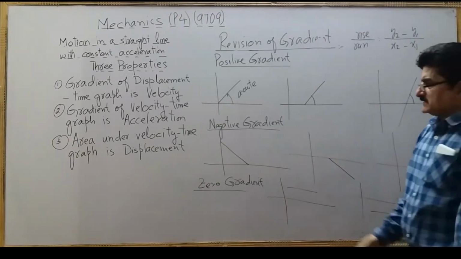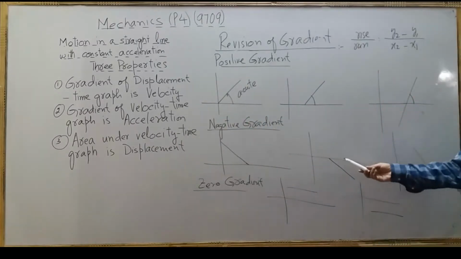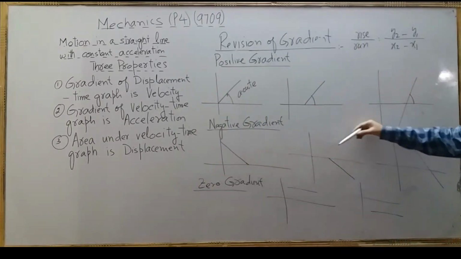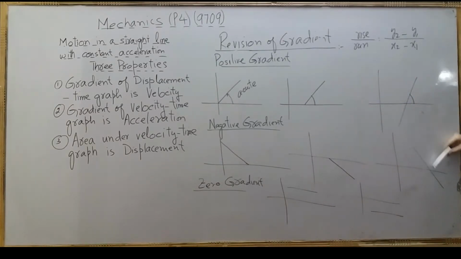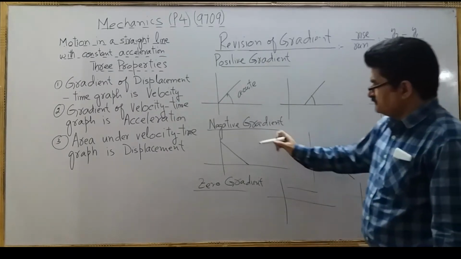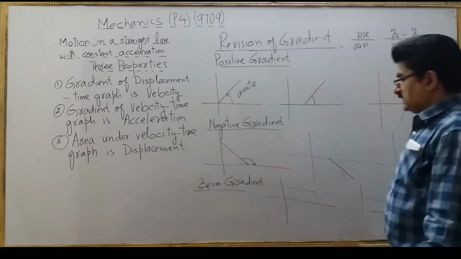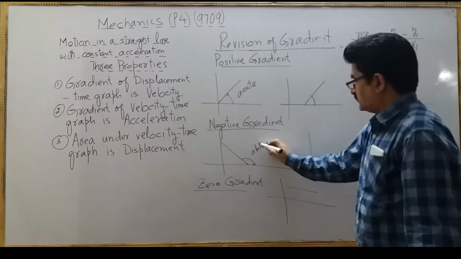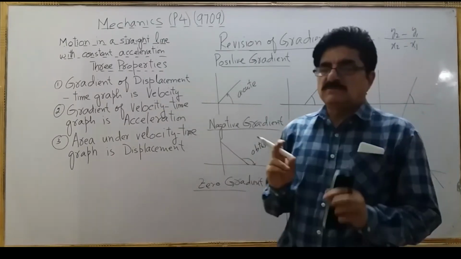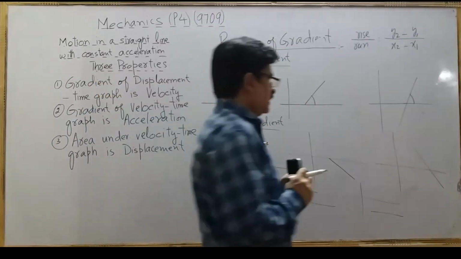Now if the graph is like this, the gradient will be negative. It may start from the y-axis or from somewhere else on the x-axis. You can see that this angle with the positive x-axis is obtuse. So whenever the angle is obtuse, the gradient will be negative.